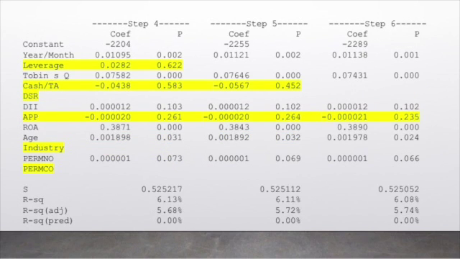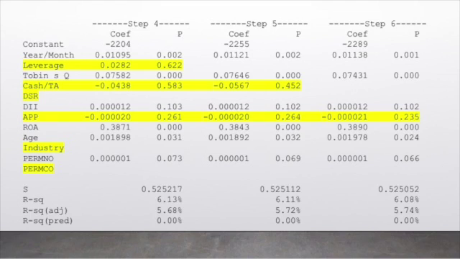So in step 4, the leverage attribute gets kicked out clearly due to its 0.622 p-value. After that, with a p-value of 0.452, cash TA gets kicked out.